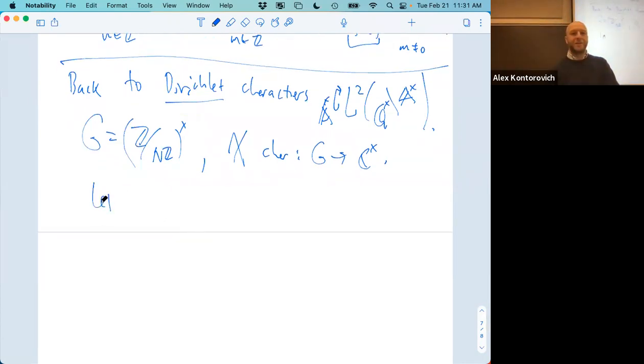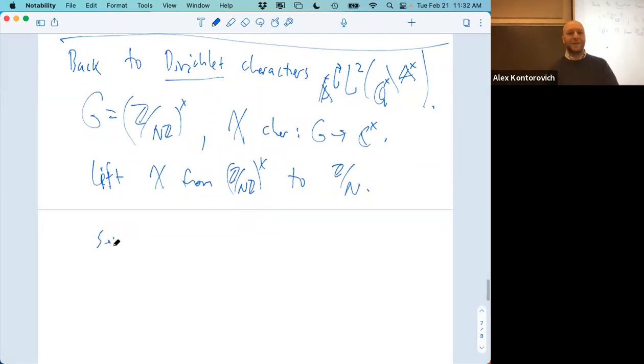So lift a character chi from Z mod n cross to just Z mod n by setting chi of m equal to 0 if n and m are not coprime.